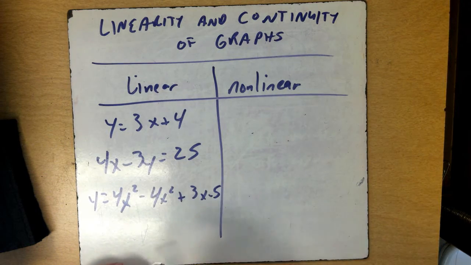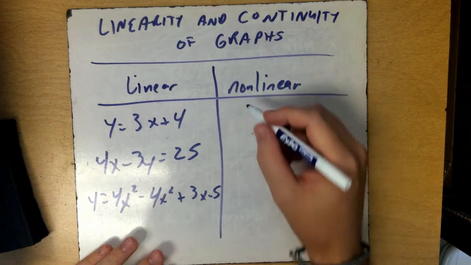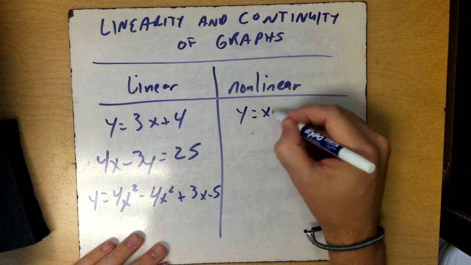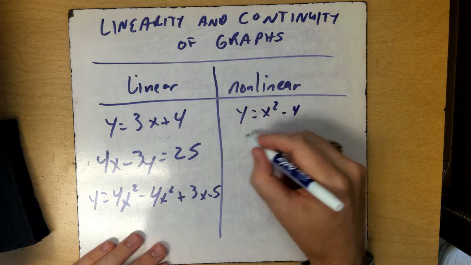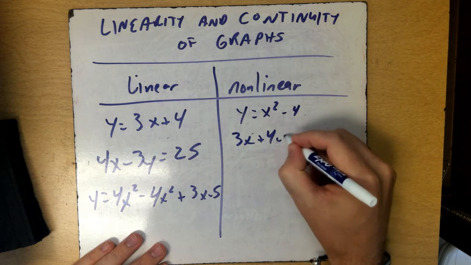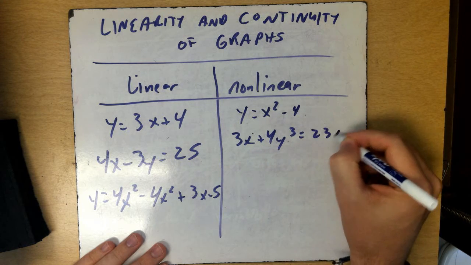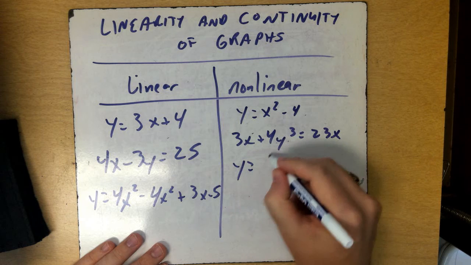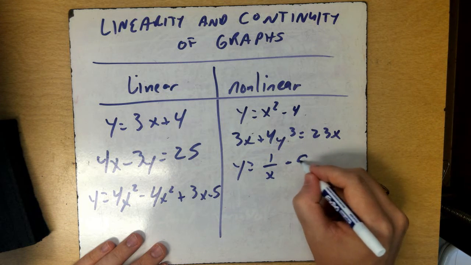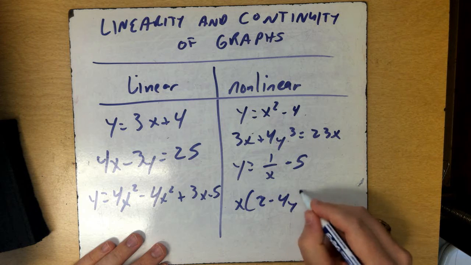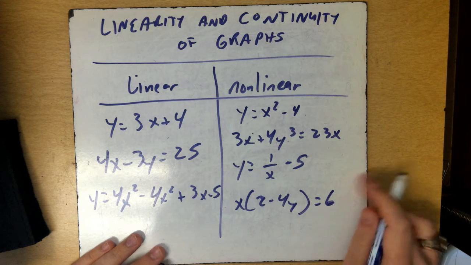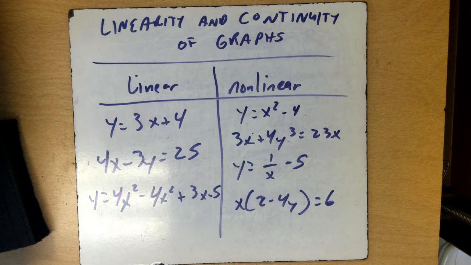Okay? And then some nonlinear. Okay, so y equals x squared minus 4. 3x plus 4y third equals 23x. y equals 1 over x minus 5. 2 minus 4y. Okay, so I'm going to show you how this works out.